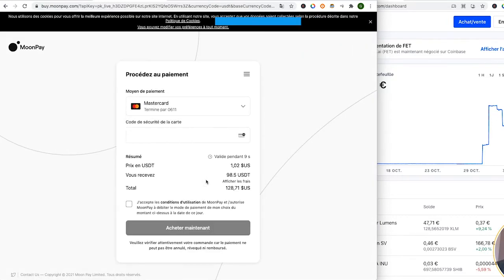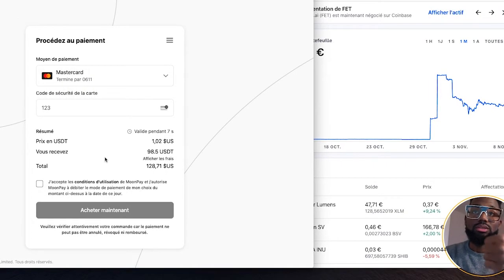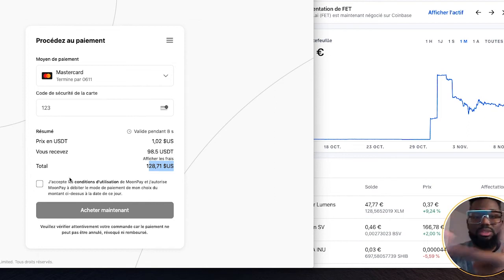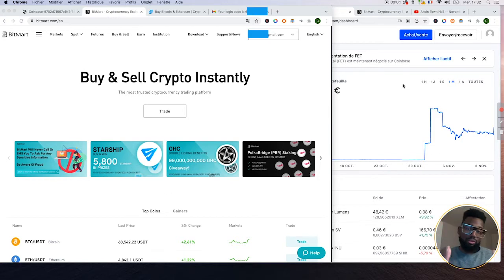That's long. The second point, look, they charge me $28 to get $100. That's too much, because this is not the same system, the same protocol. You will understand that you are not on the Stellar network. So I don't want to pay $28 of fees for $100.